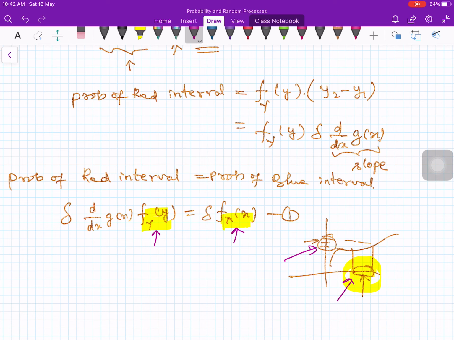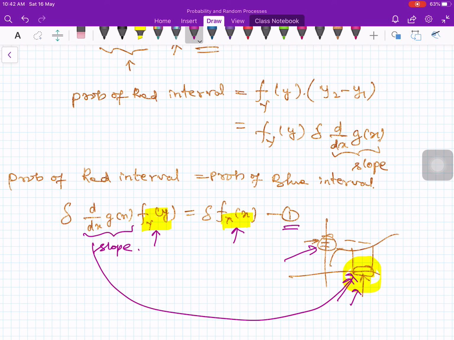But there is also another factor that comes in. What is that factor? This factor is the slope, the slope of the function at this particular point. So the slope is evaluated at this particular point, x plus delta. So we have this relation between the two densities.